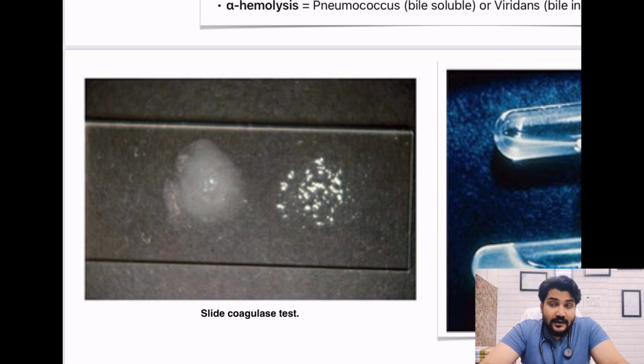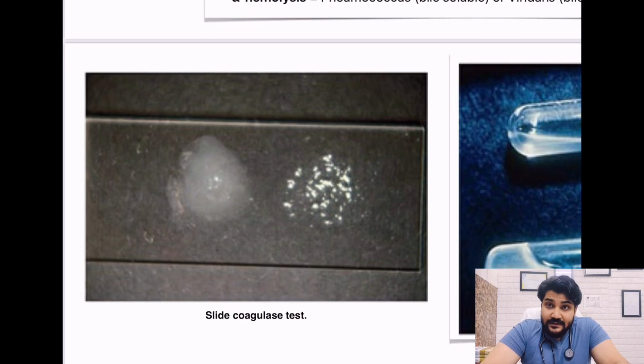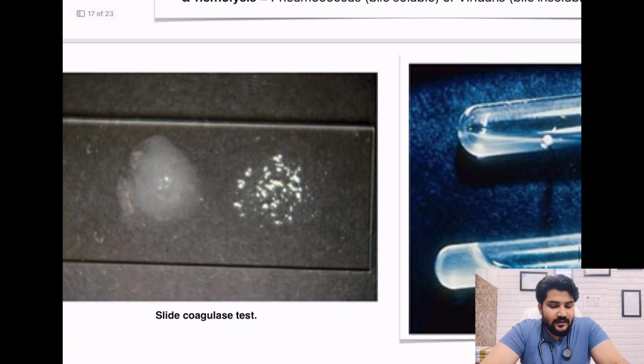Then if it belongs to Staphylococcus aureus, because coagulase is present in Staphylococcus aureus, and this coagulase will burst your plasma, so they will form agglutinations.